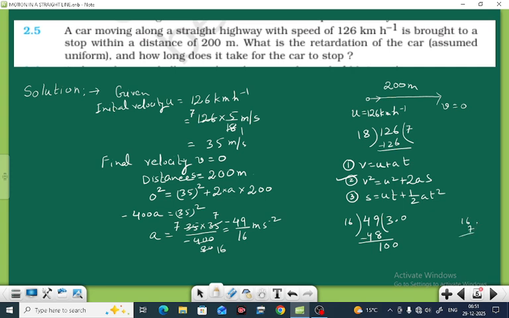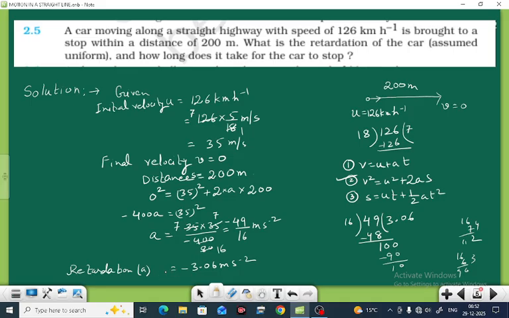We only take this much, right? So we are getting the expression as minus 3.06 meter per second square. This is the acceleration or retardation. Therefore, retardation a is equal to minus 3.06 meter per second square.